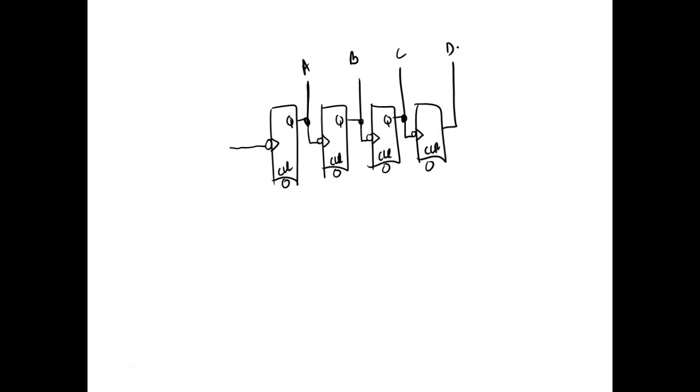So this guy would have a modulus of 16. Good. We have a modulus of 16. But it's a ripple counter, so it's still got a ripple down through there, right?